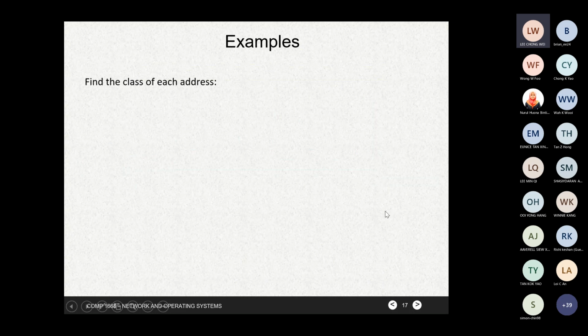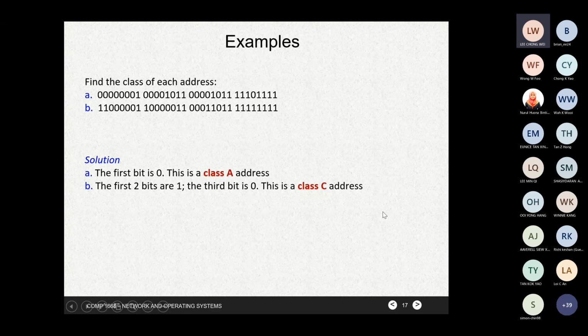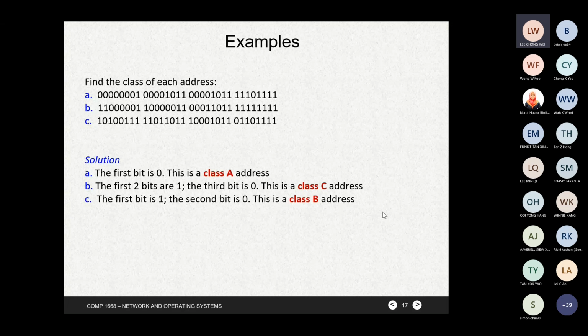Okay, more examples which we already discussed earlier. This is for class A. The first one is class A because the first bit is 0. This is a class A address. This is network, this is host.